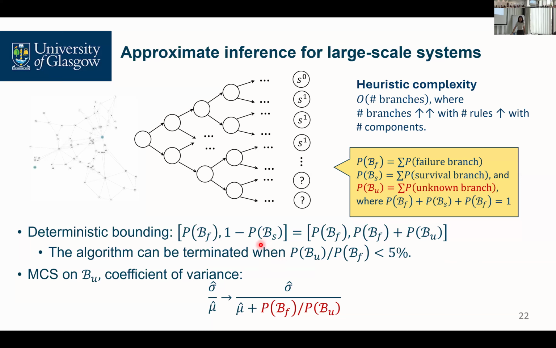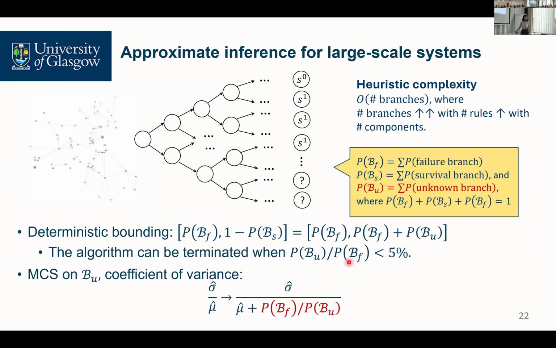Then we can do 2 different approximate inferences here. First, we can do deterministic bounding, in which case the lower bound is the failure branches' probability, and the upper bound is 1 minus the survival probability, or the failure probability plus the unknown probability. And we can terminate the algorithm if the unknown branches' probability is less than 5% of the failure probability, which means that we have a very narrow bound with regard to the failure probability.